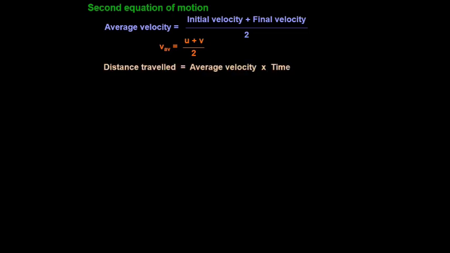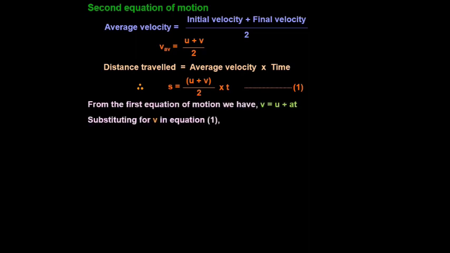Remember, if it is a retarded motion, a can be replaced by minus a. Second equation: average velocity is initial velocity plus final velocity divided by 2. So v average is equal to u plus v by 2. Distance traveled is average velocity into time. So s is equal to v average into t, that is, u plus v by 2 into t.